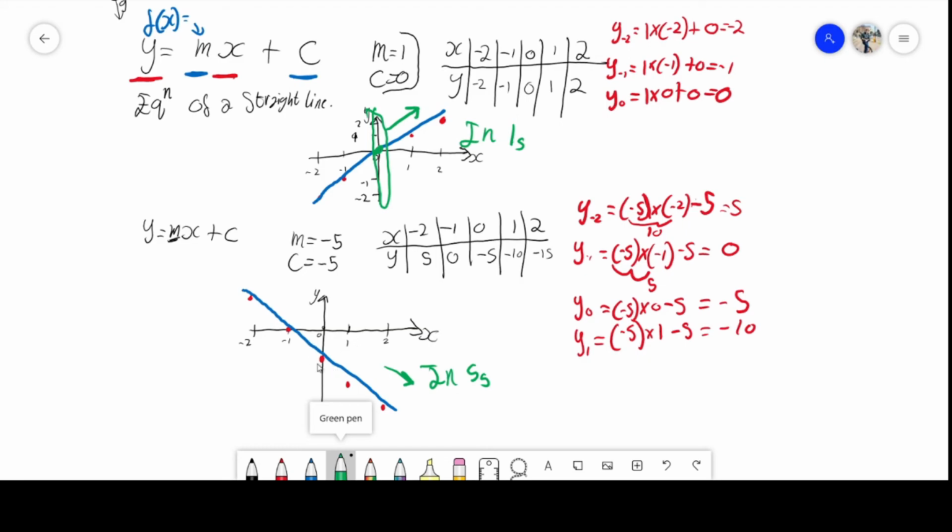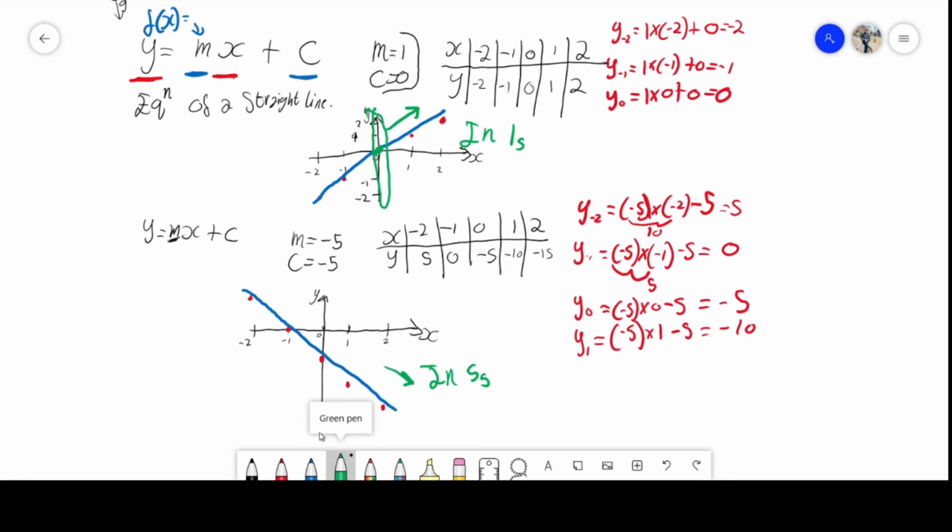And in this instance, we cross the y-axis when y is equal to minus 5. Sorry, I wanted to be sure I was saying that correctly. We cross the y-axis when y is equal to minus 5. Amazing. Okay, so what's the justification for this?